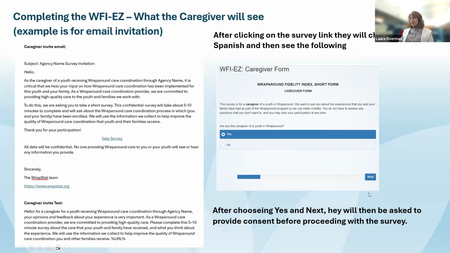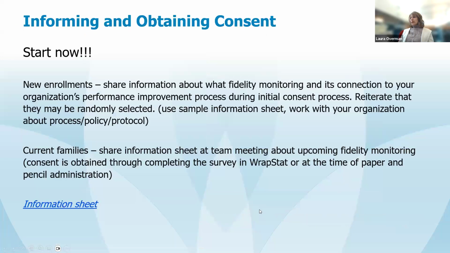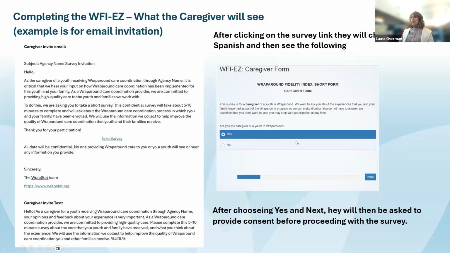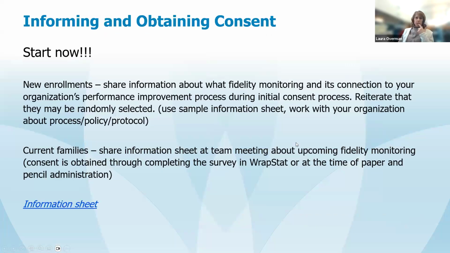They'd hit yes and next. Oh, I got a typo. And then they would be given also an option to consent or not. They could decline. And if they say no and submit, they're done. If they say yes, then they'll be walked through the process.